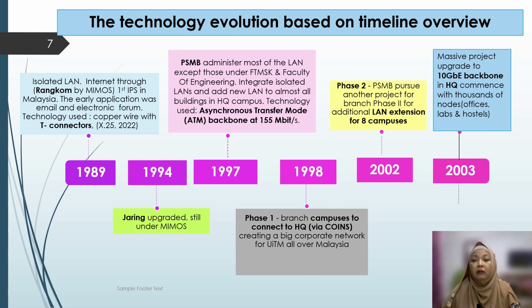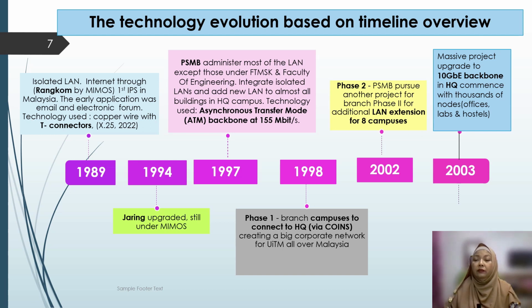Then in phase 2, more campuses were connected to Coins, so that every branch campus could be connected to the main campus to get all the systems supported, and for easy management of the internet and communication, for example emails and other online systems.